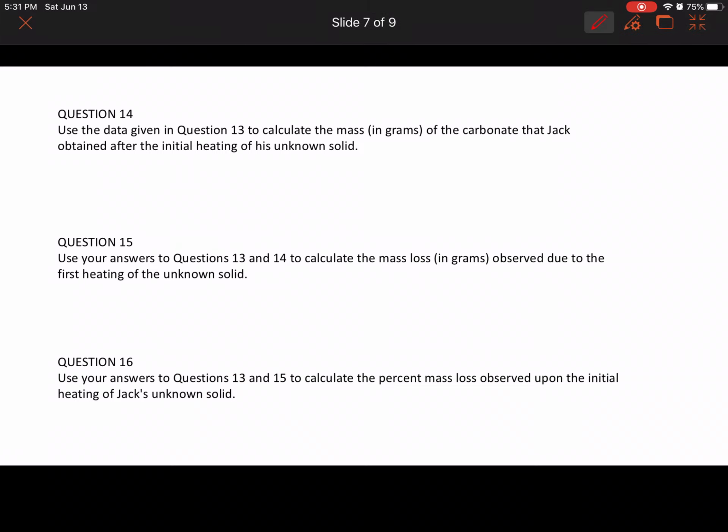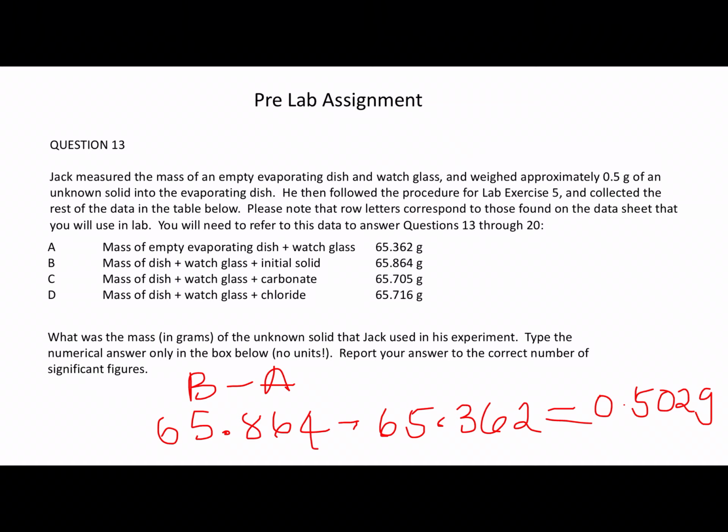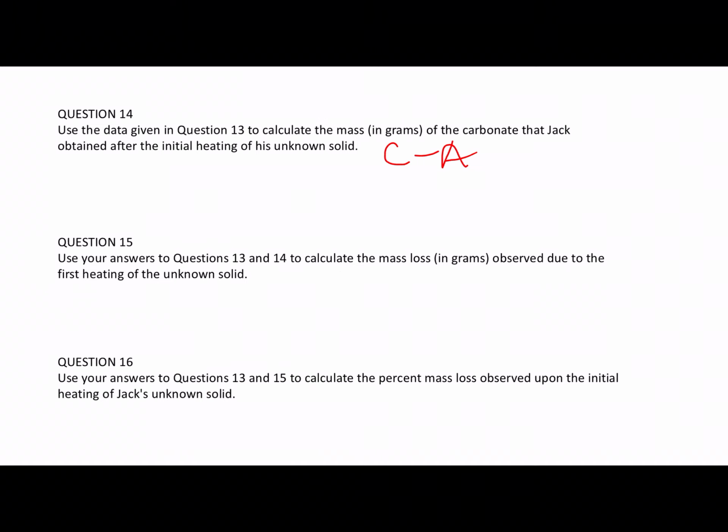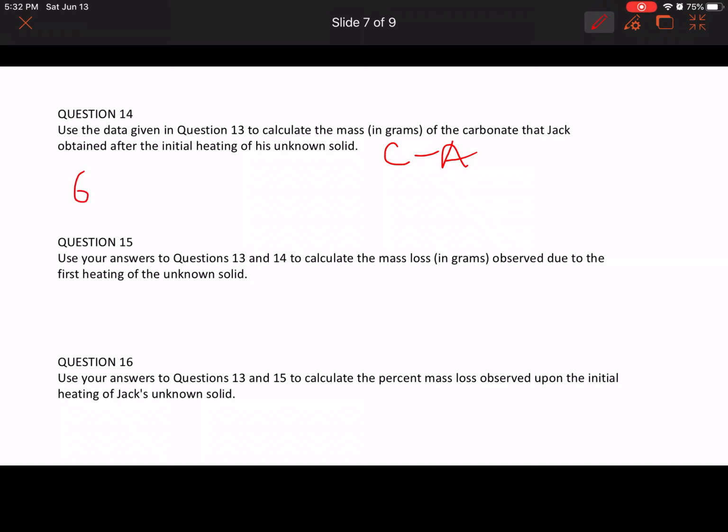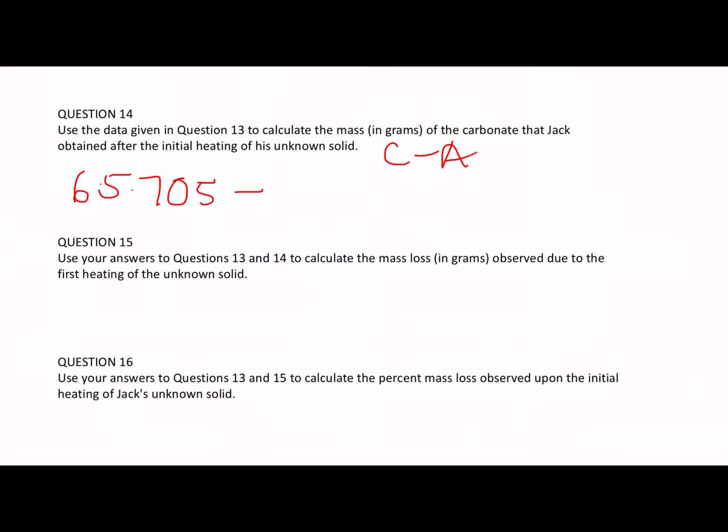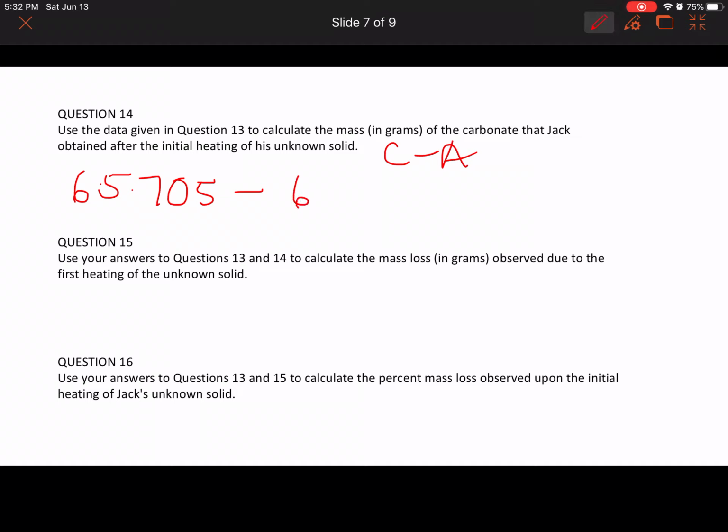That's going to be C minus A. So C is 65.705 minus 65.362, that is 0.343.